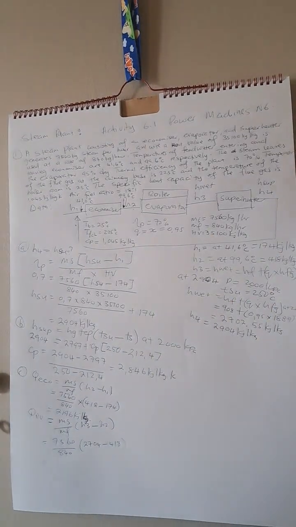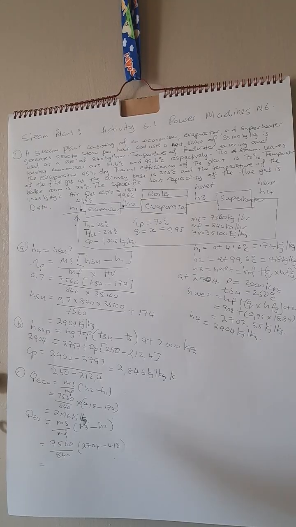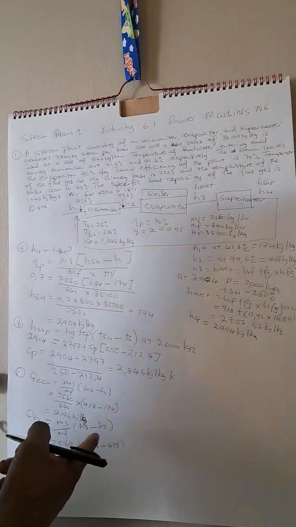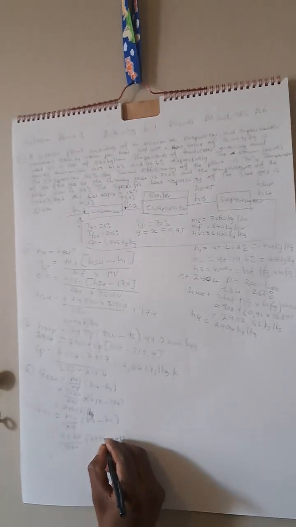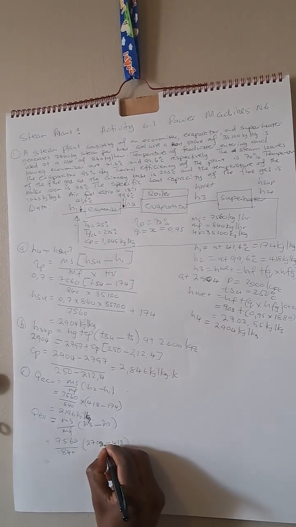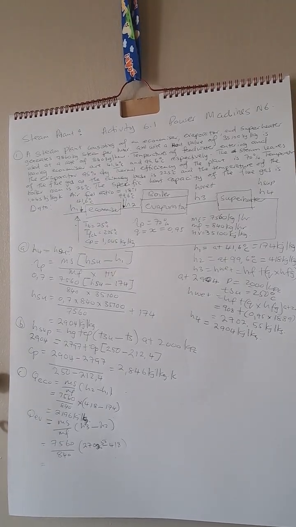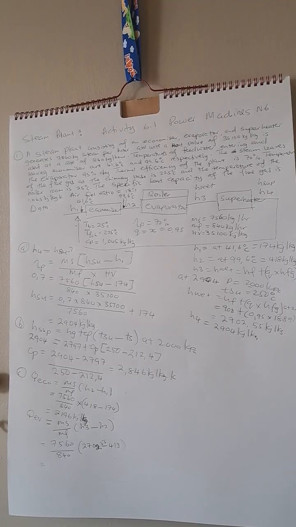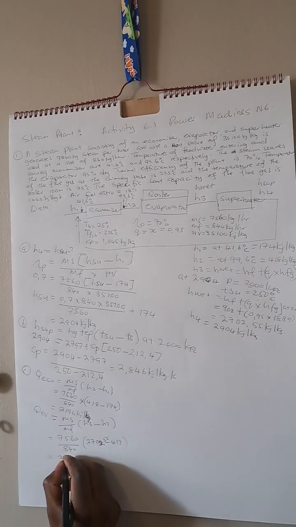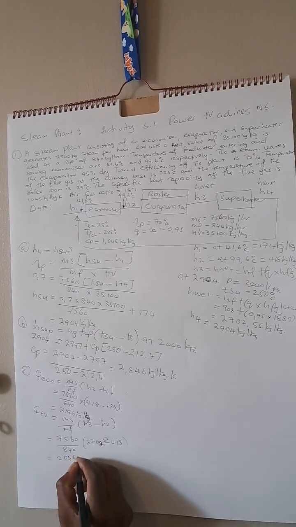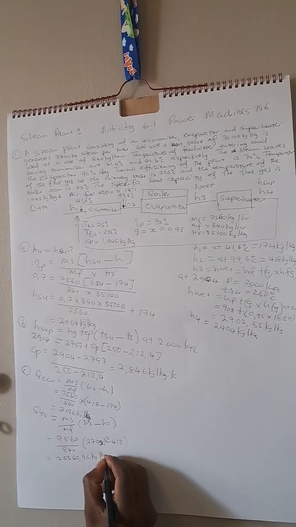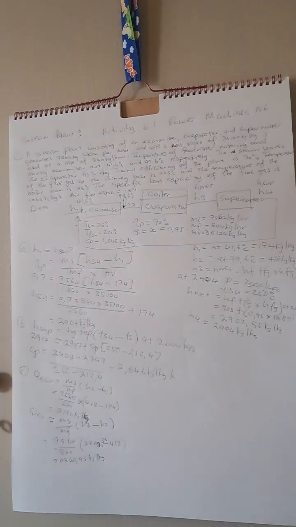So let's get our answer: 7560 over 840 times... rather, H3 is 2702.55 minus 418. I'm getting 20560.95 kilojoules per kg. So we have our Q evaporator.